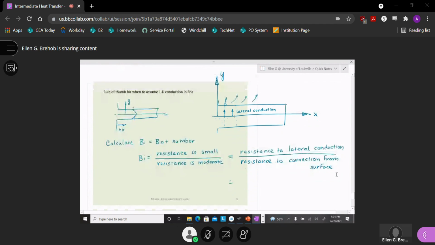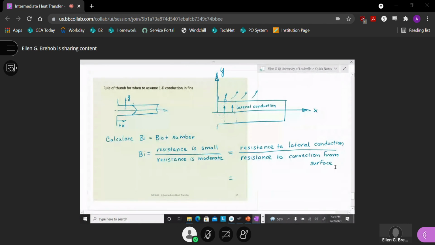Okay, so we did this the other day, resistance to lateral conduction. So that's a conduction problem. And so if I had this as, what do you call that? This is the thickness of the fin. Okay, so my lateral conduction is t over 2, half the thickness from the center.